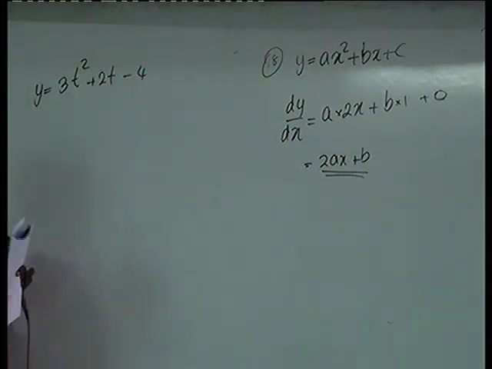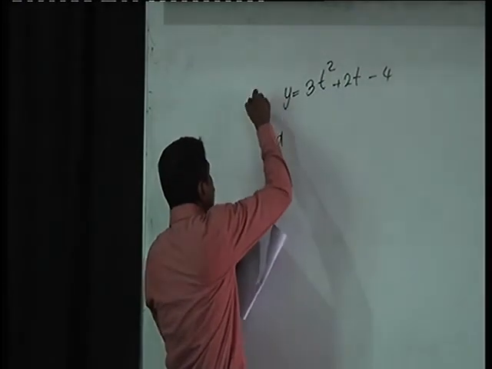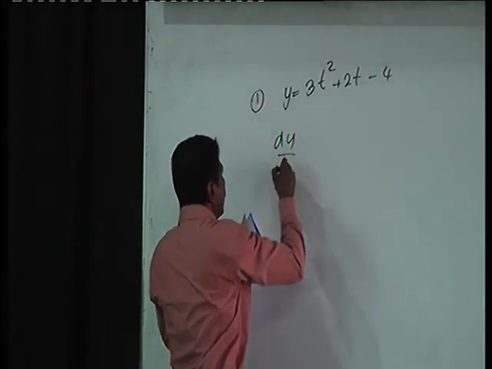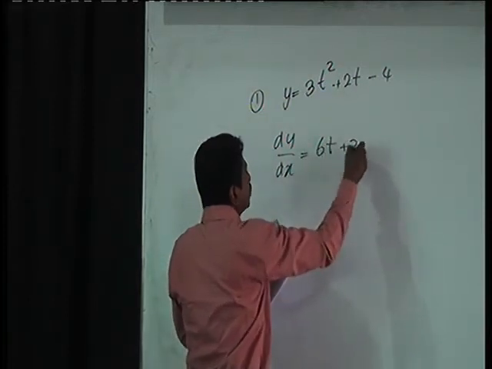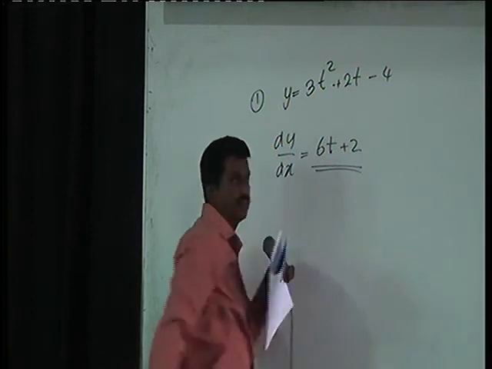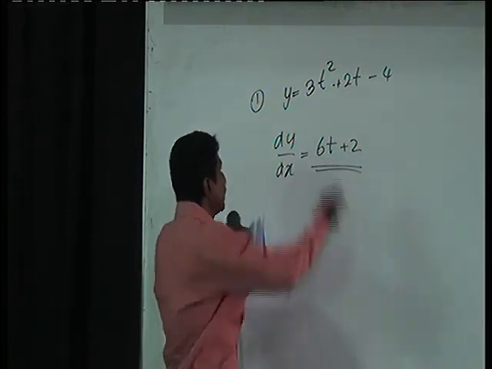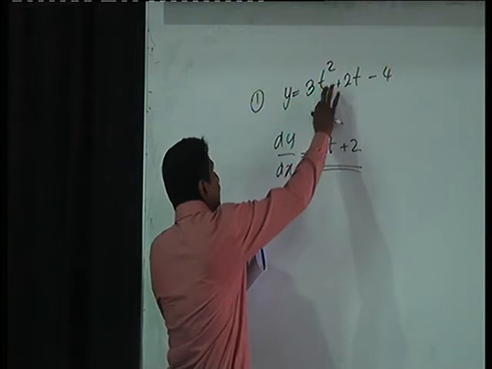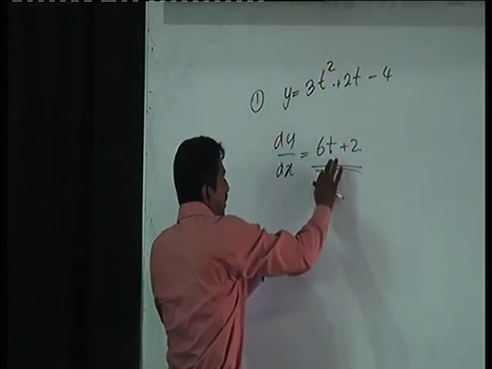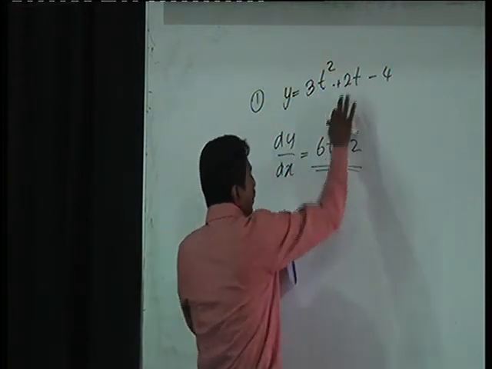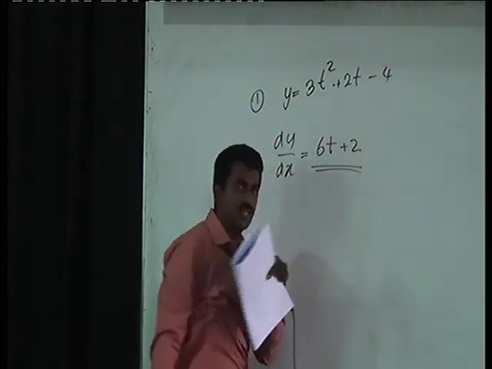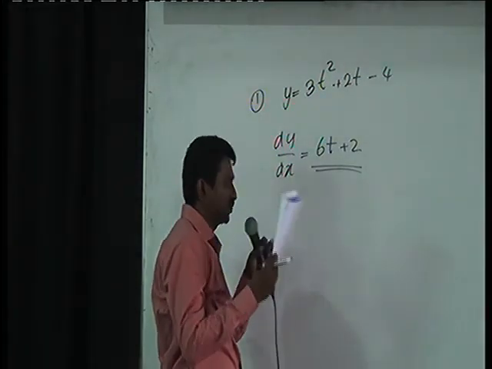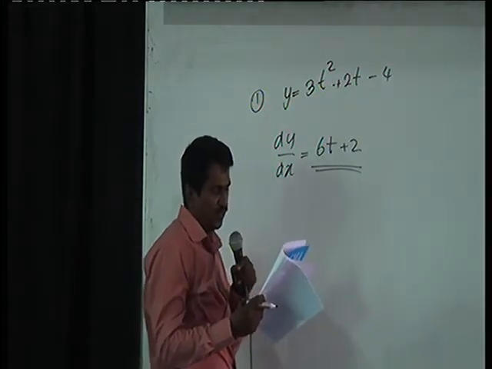It's nothing special. Apply the same rule. Question number 1 of the second part: dy by dt is equal to 3 into 2, 6t, plus 2. t becomes 1. 2 is a constant, so you write the coefficient, t to the power 1 becomes t to the power 0, which is 1, no need to write 1. So the answer is 6t plus 2. You can do the rest of the questions, not difficult.